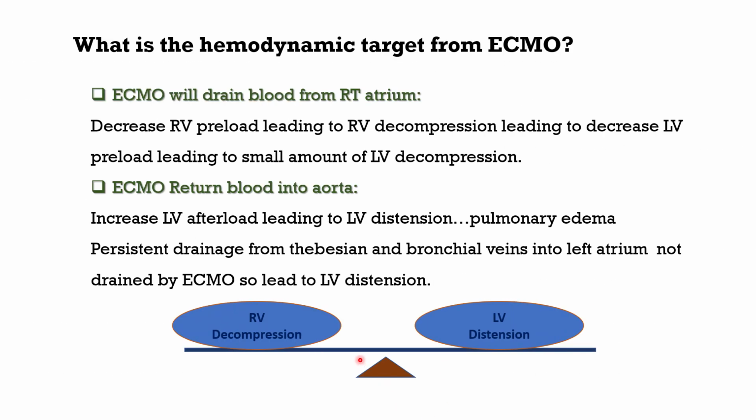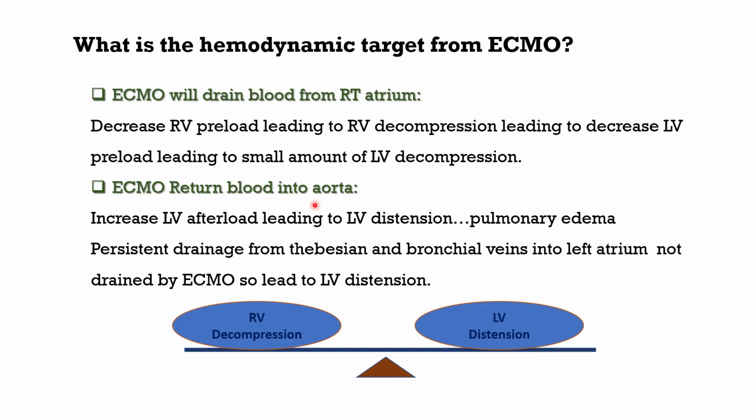The main hemodynamic target for VA ECMO is to achieve right ventricular decompression and prevent left ventricular distension. That happens because ECMO drains blood from the right atrium, which decreases right ventricular preload and leads to right ventricular decompression. This will lead to decreased left ventricular preload, achieving a small amount of left ventricular decompression.